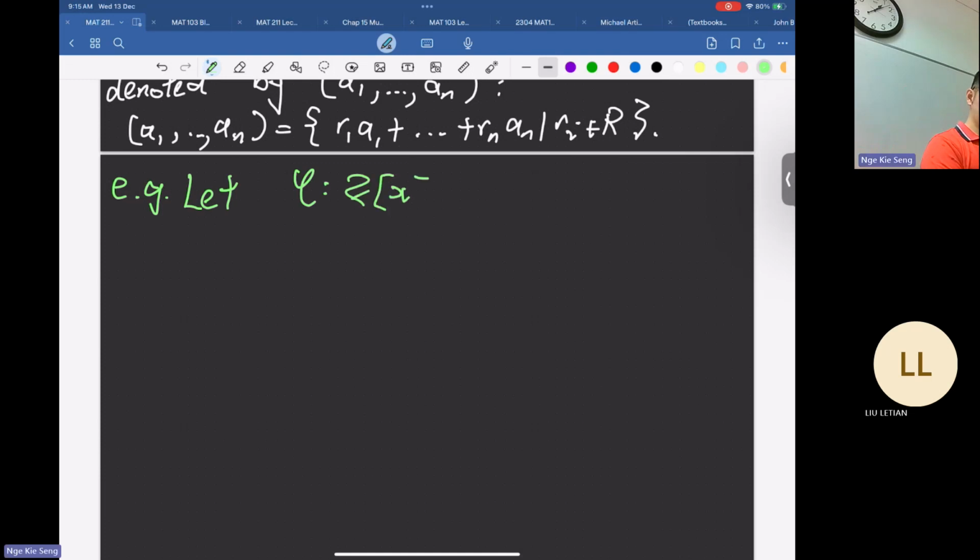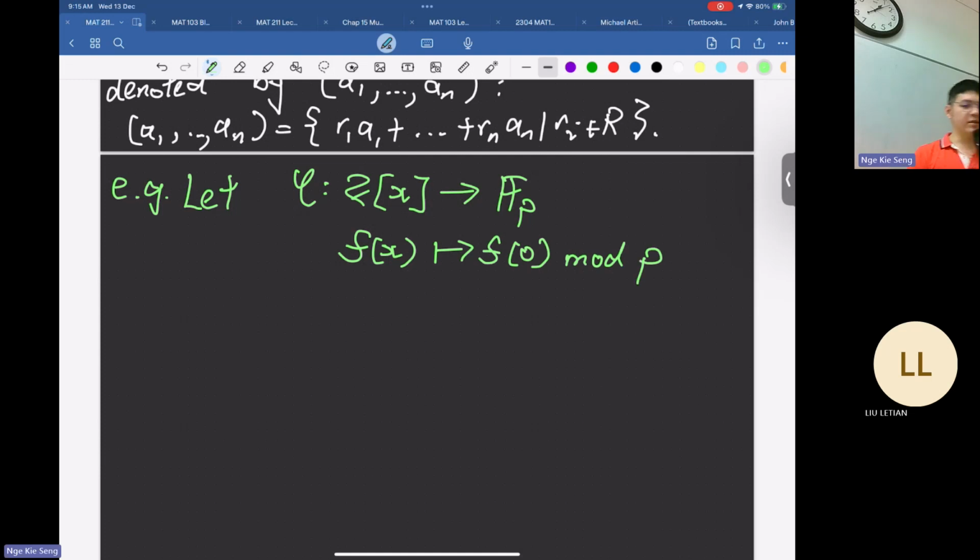So let's look at the integer polynomials over the integers, Z[x], to Fp. And what's this map here? I need to tell you where this polynomial goes. I substitute x with 0, I evaluate x at 0, and then mod p.